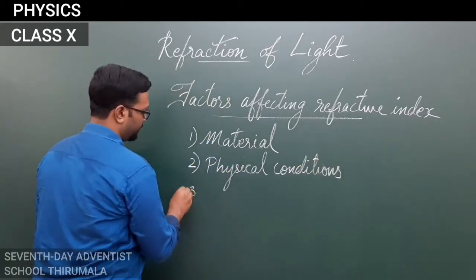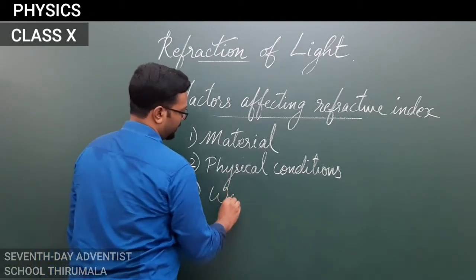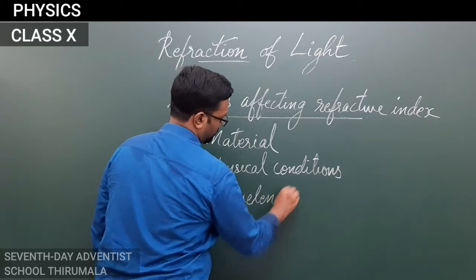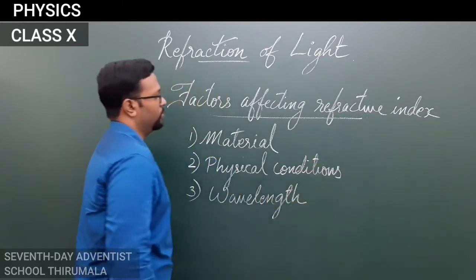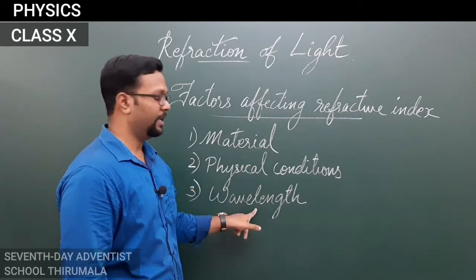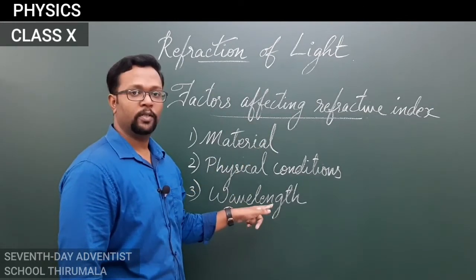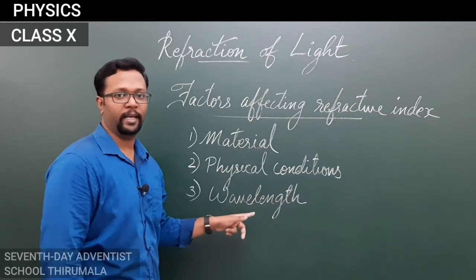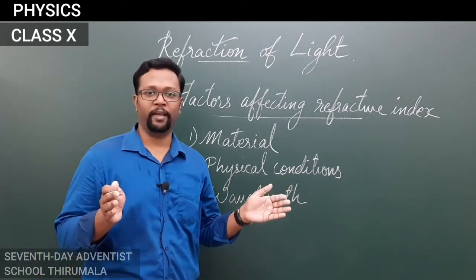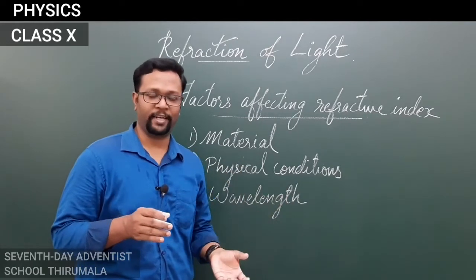Number 3 is the wavelength of the light. The refractive index of the given pair of medium is affected by the wavelength of the light used. It has been experimentally found that the longer the wavelength, the lesser the refractive index.